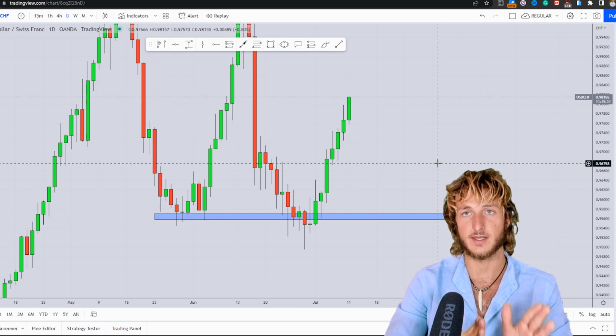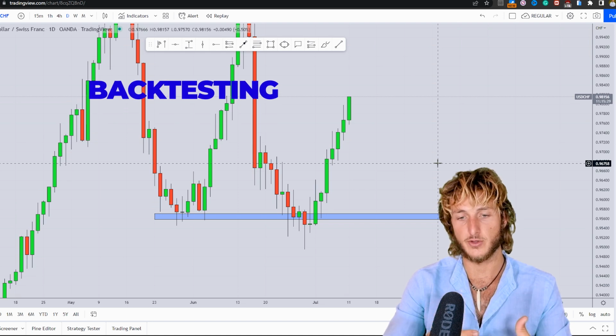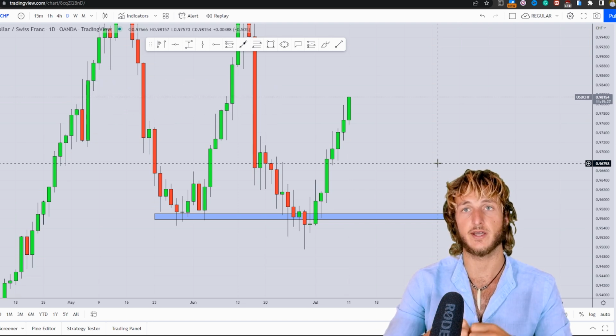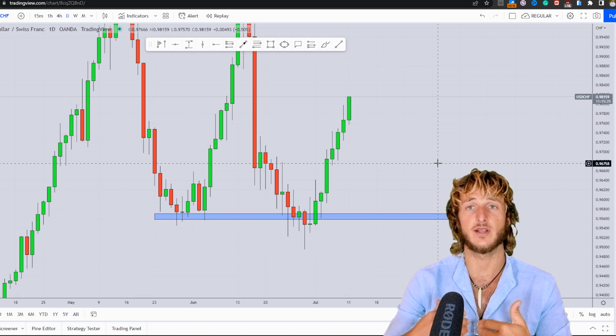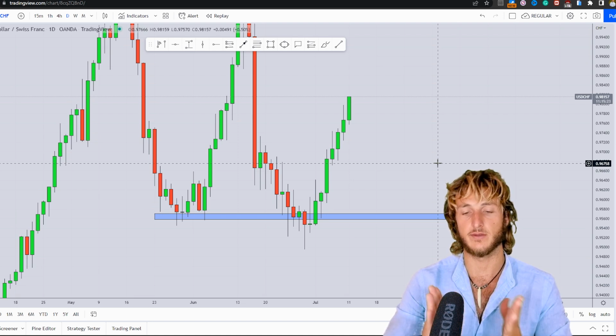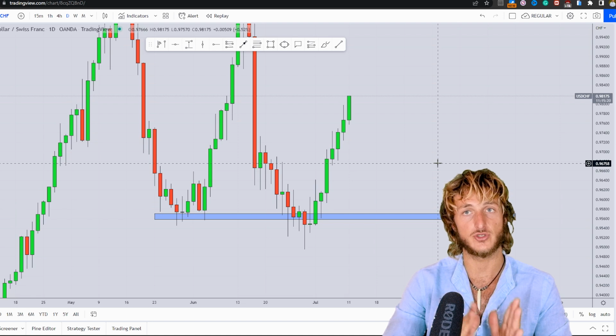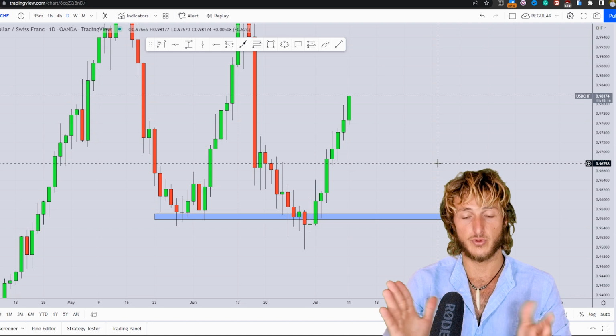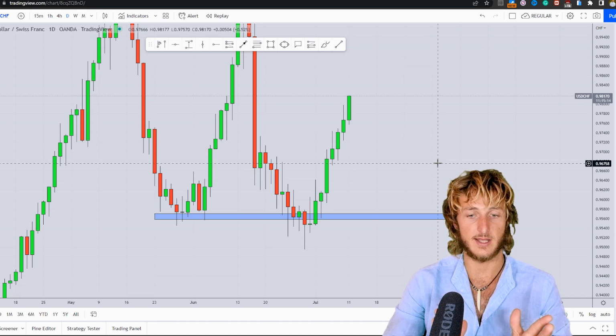First, you have to backtest the strategy. You have to find the rules, adjust the rules to your own trading style and trading personality. Have a trading plan for that specific strategy, both from a directional and entry perspective with specific conditions. You have to prove in backtesting that it actually works.